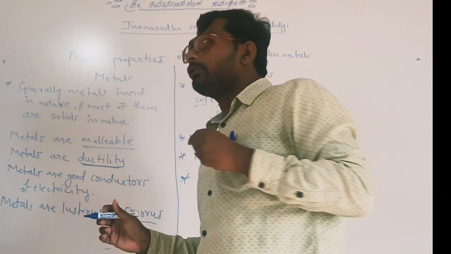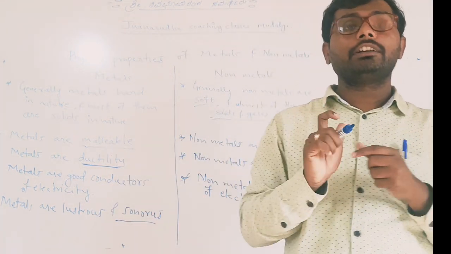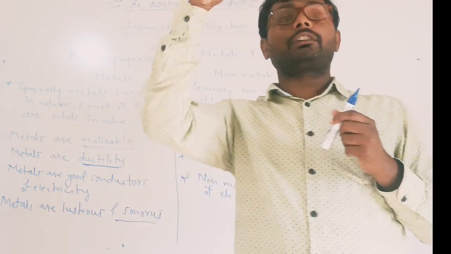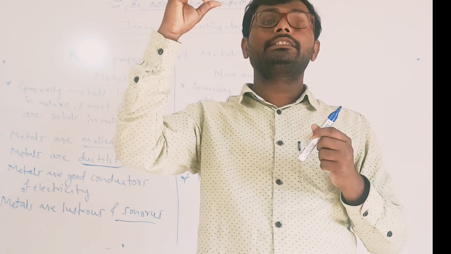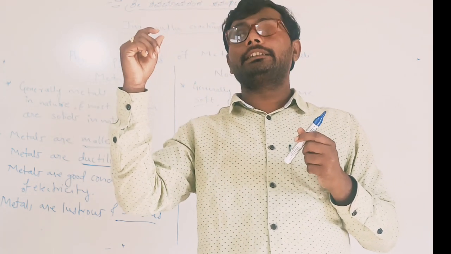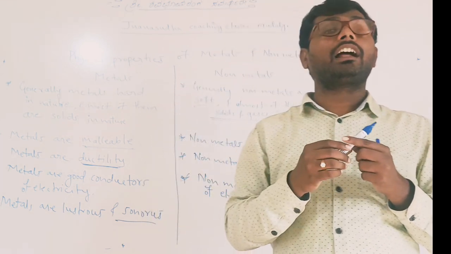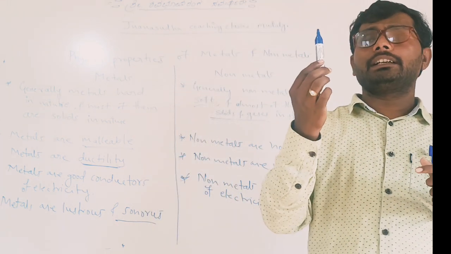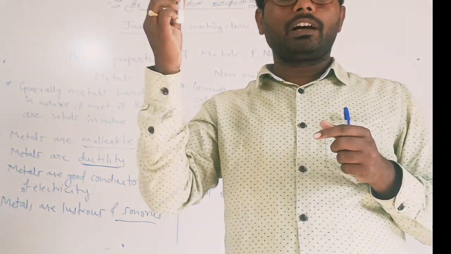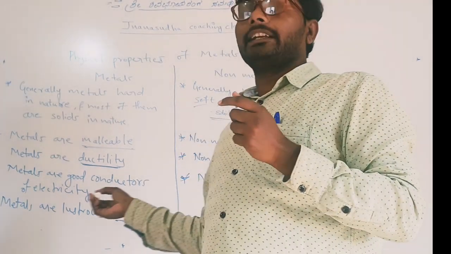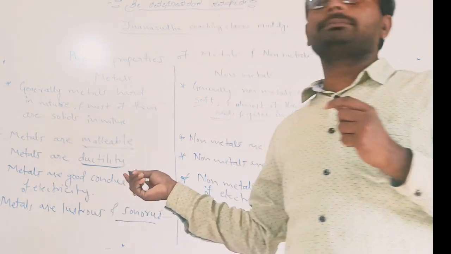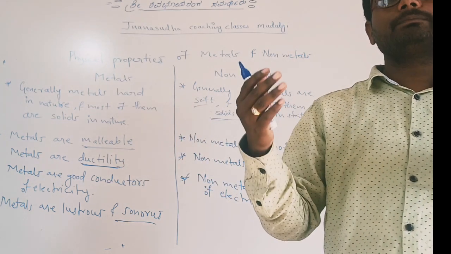Sonorous means we can make a ringing sound. When you drop a 1 rupee coin, any coin makes a ringing sound, that is sonorous. If you drop other materials like non-metals, such as plastic, it will not make a ringing sound. Sonorous means making a ringing sound, lustrous means having shining properties.